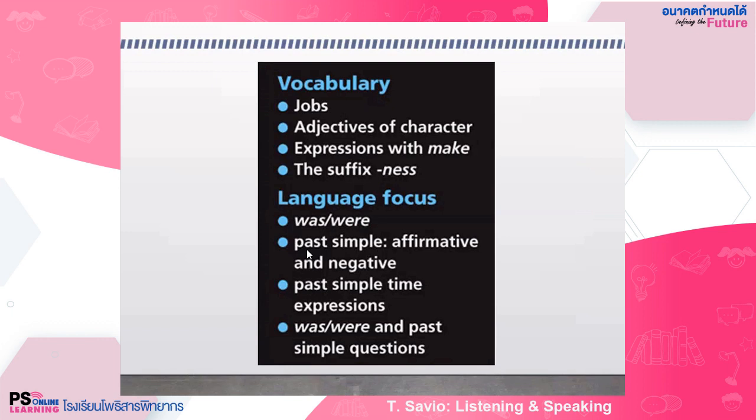We'll be also learning about past simple, affirmative and negative. Past simple time expressions. Something like yesterday, a week ago, a month ago, or when I was a little child. And then was and were and past simple questions.